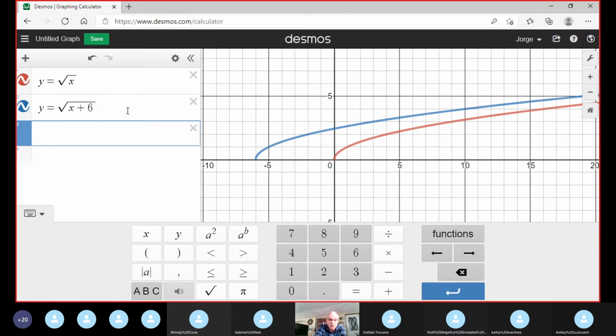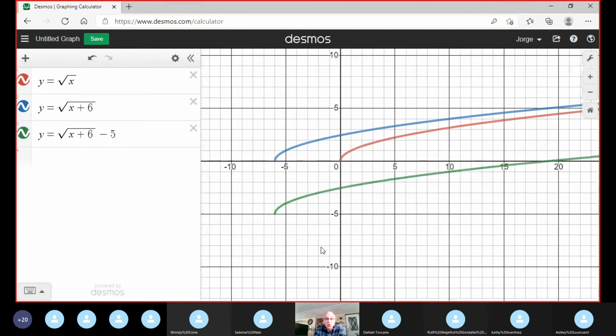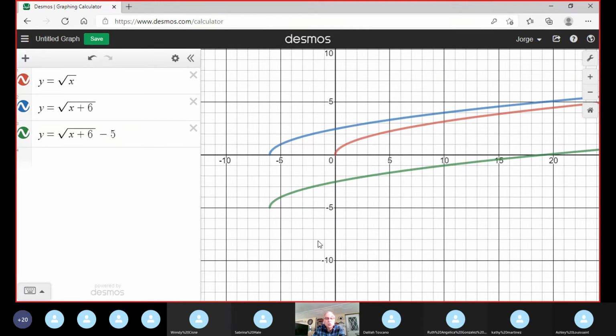And finally, the second transformation is y equals square root of x plus 6, staying the same, because I want to perform the second transformation, which is outside the radical, -5. Look at it in green color. In green color was the vertical shift 5 units down because it's negative.